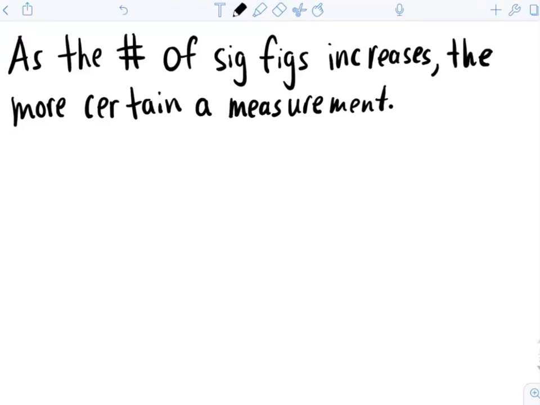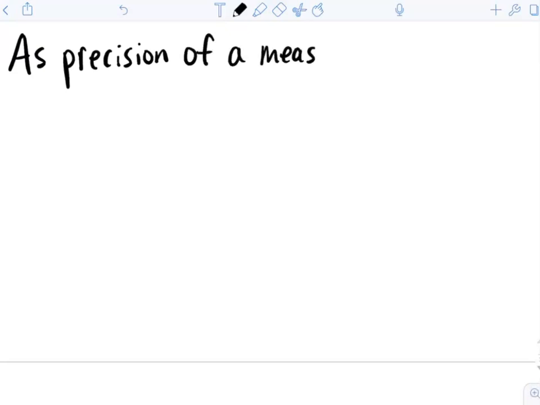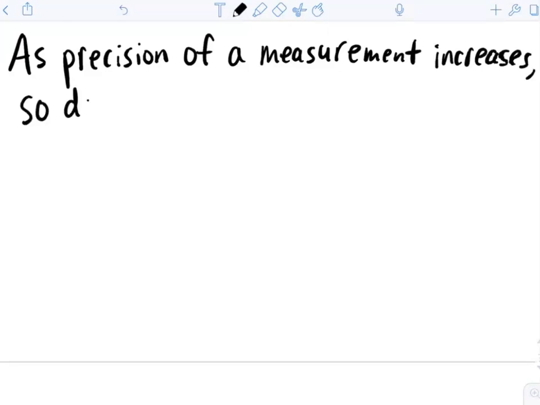And that's also going to affect my precision. So, as precision of a measurement increases, so does the number of sig figs.